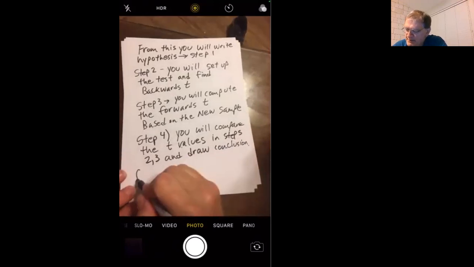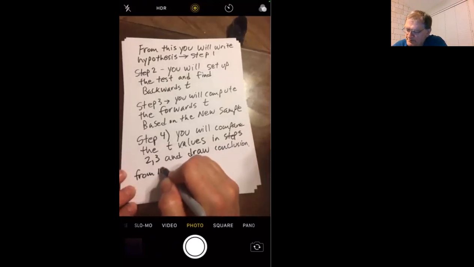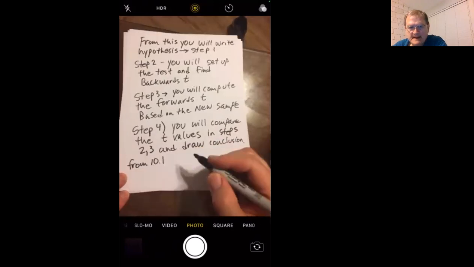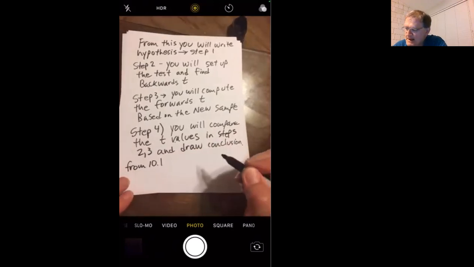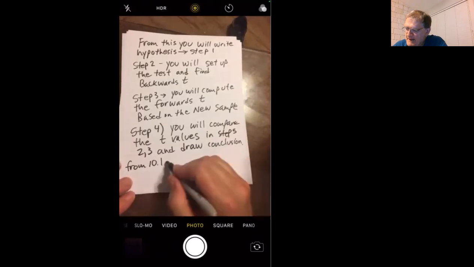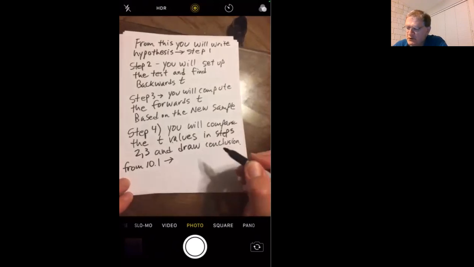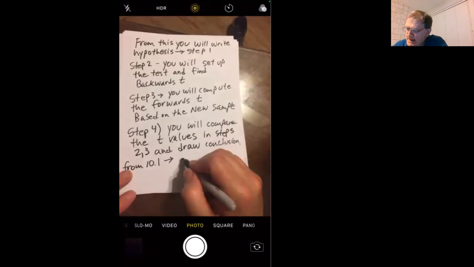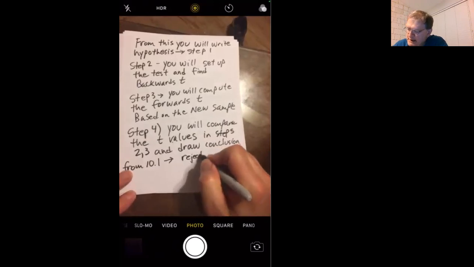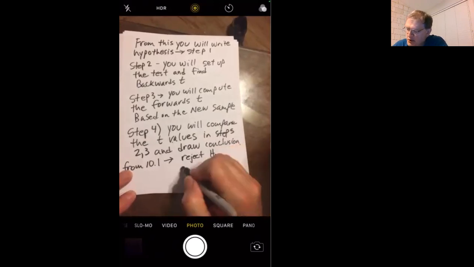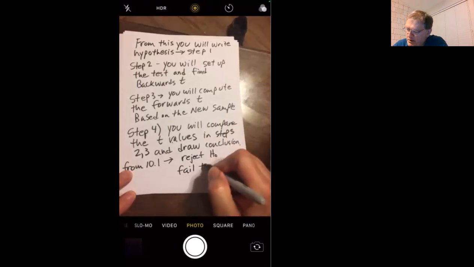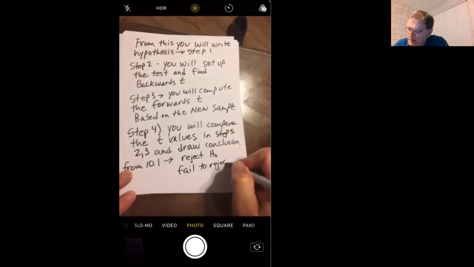Remember from 10.1, there are two phrases for conclusion. You will either reject the null hypothesis or you will fail to reject.